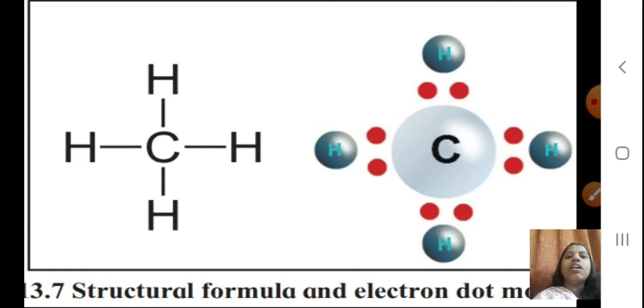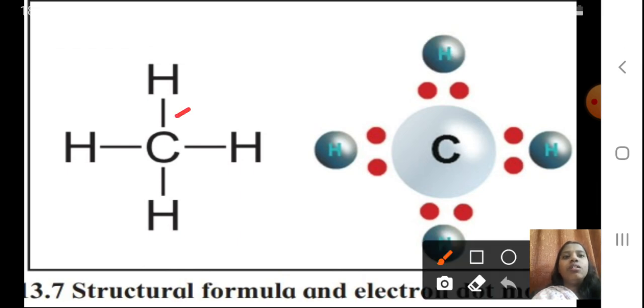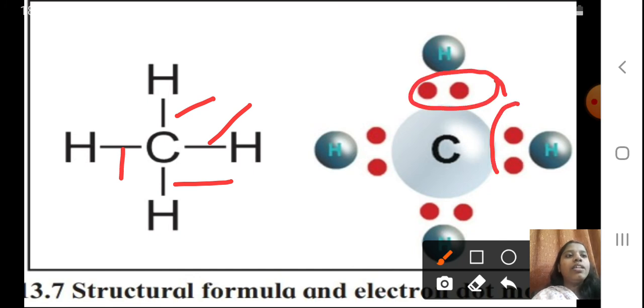Carbon has how many valencies? 4. So how many covalent bonds will it form? 4. You can see here, this is the first bond, the second bond, the third bond, and this is the fourth bond which the carbon has formed with the hydrogen. And these are the electrons; these two are the shared ones.